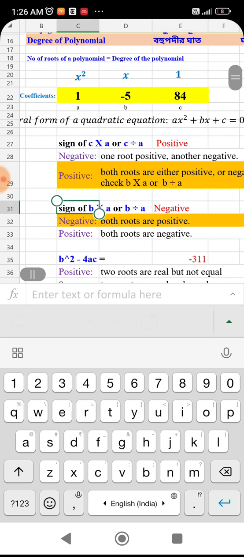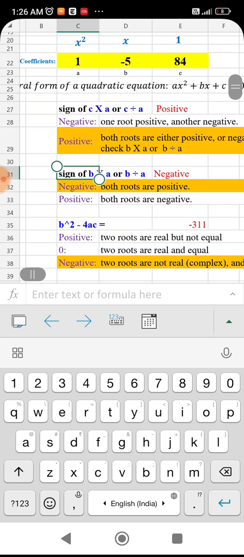In the previous cases we never checked this condition. Now what is the sign of b into a or b by a? This is negative. If it is negative, both roots are positive.